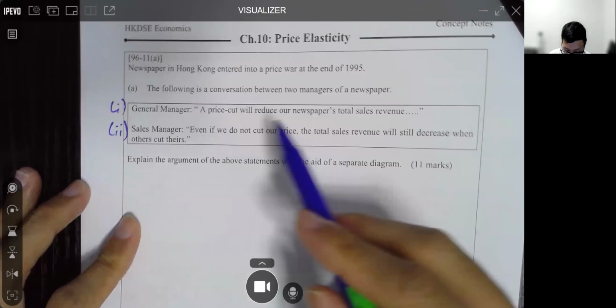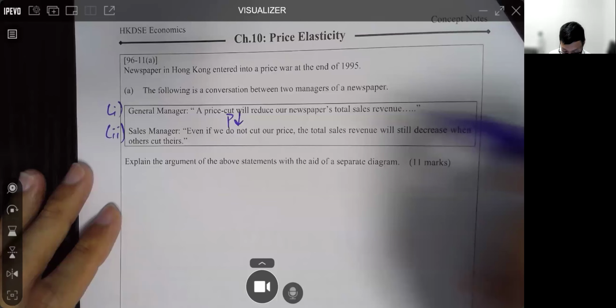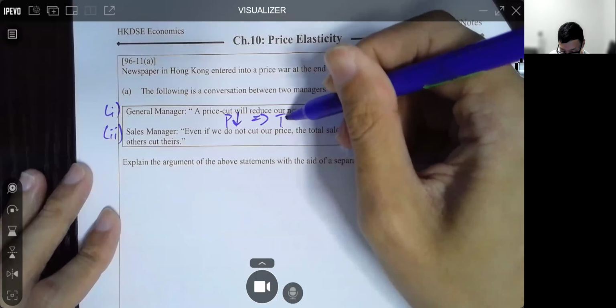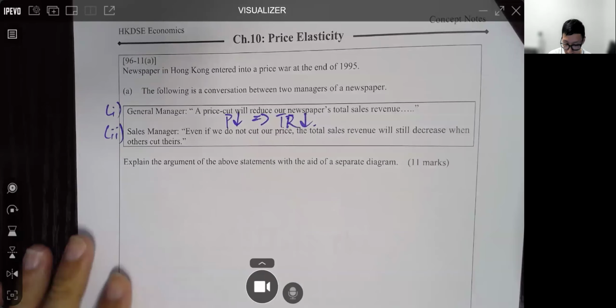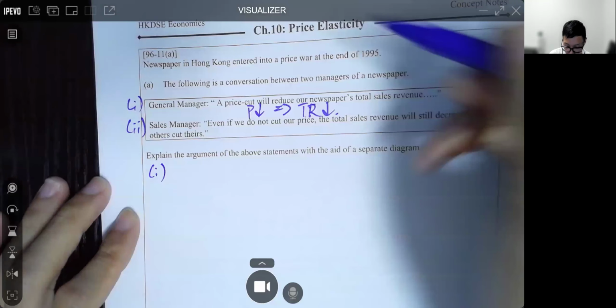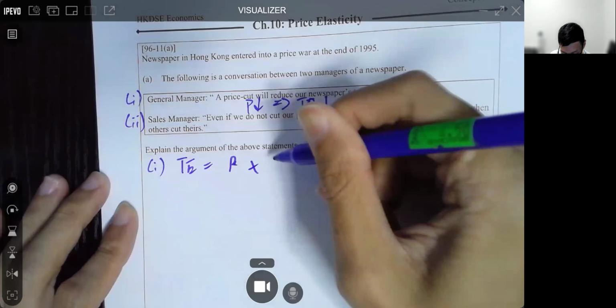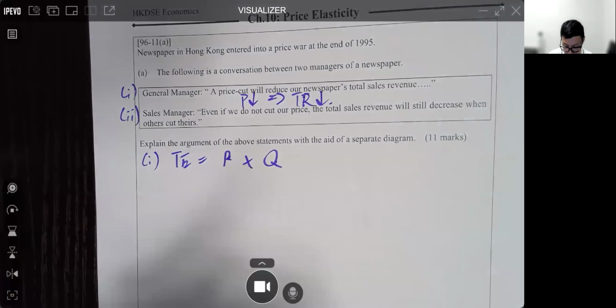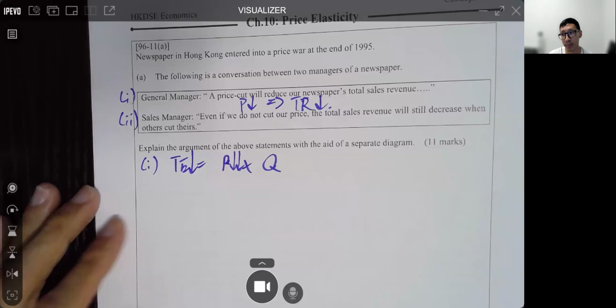OK， 好吧？好啦，嗱 let's deal with the GM first. GM 講咩啊？GM says when price decreases, our total expenditure or total revenue will drop. Okay, when will this happen? We need to refer back to our formula. TE equals to P times Q. We know that here, price drop leading to total expenditure drop.